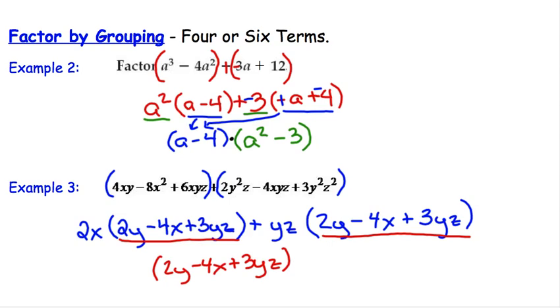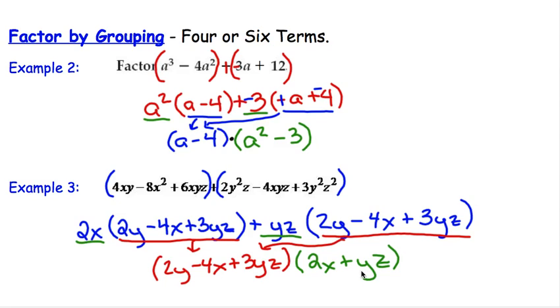And again, I only write it one time, and that takes both of these into account. Then I write my leftovers. Or sorry, I write down my greatest common factors. 2x plus yz. What I have down here in the red and the green is going to be my answer.